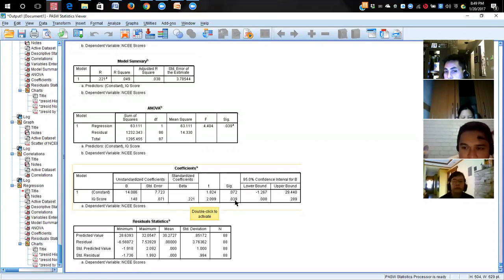And our significance is 0.039. So this is the proof of the concept that ANOVA, simple correlations, and simple linear regression can give you the same result.